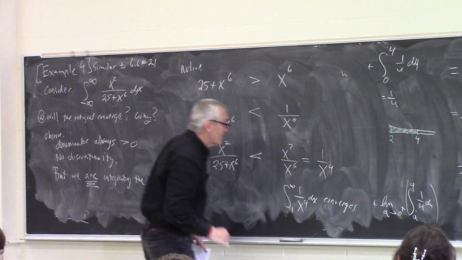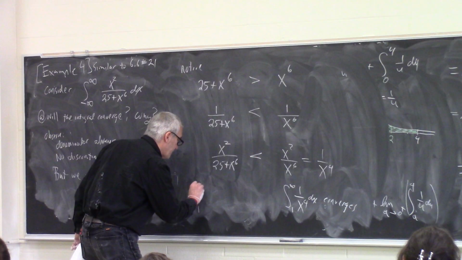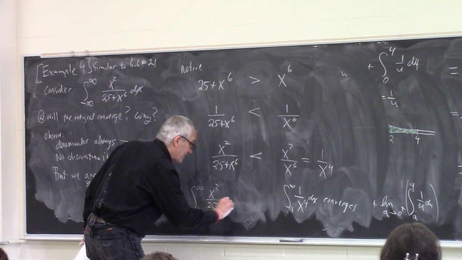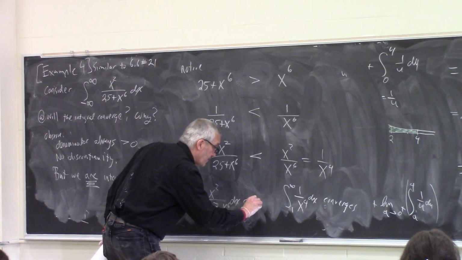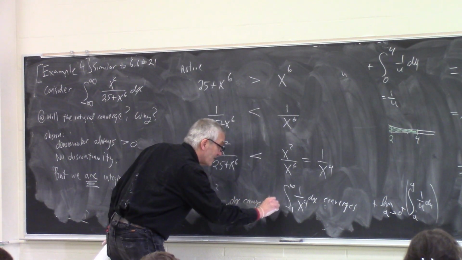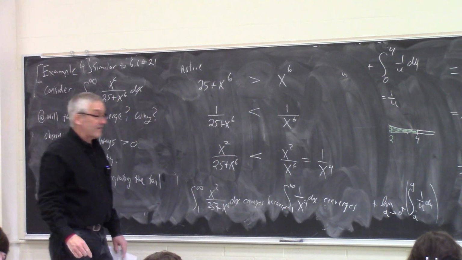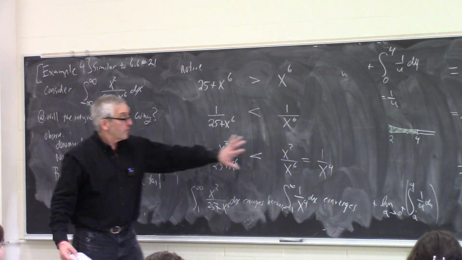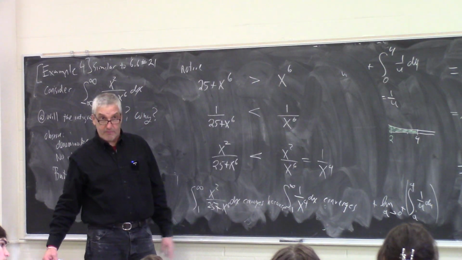So by the comparison theorem, we know that the integral from 1 to infinity of x squared over 25 plus x to the sixth also converges. And it's because of that, because that integral converges. This is the comparison theorem, the most boring theorem there is. This graph is lower than this graph. This graph has a finite integral, so this graph is going to have a finite integral.